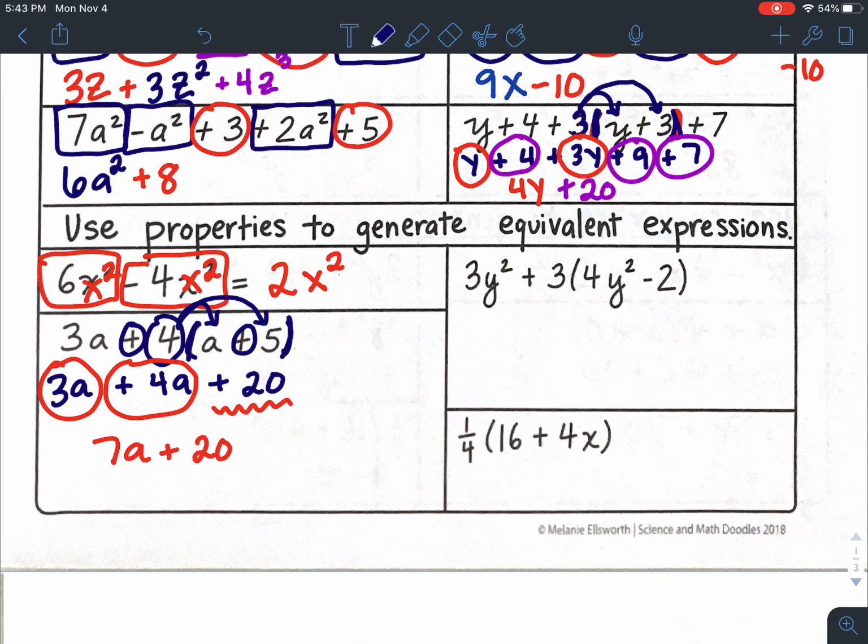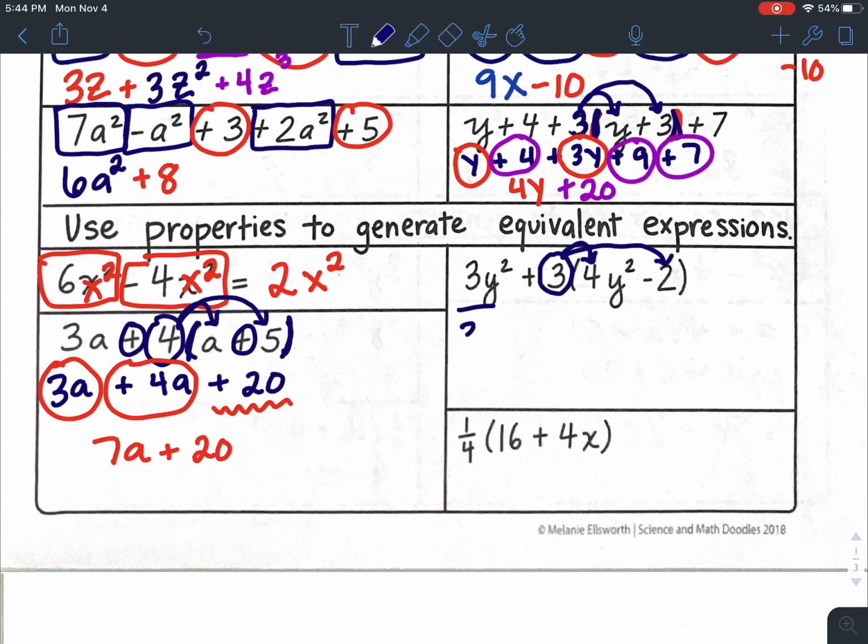The next one here, I have 3y squared plus 3 times 4y squared minus 2. So again, I want to tackle this multiplication piece first and distribute that out.